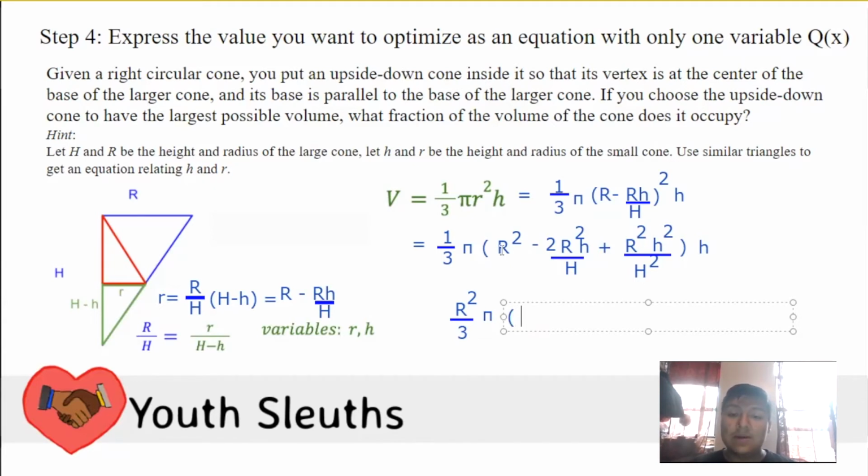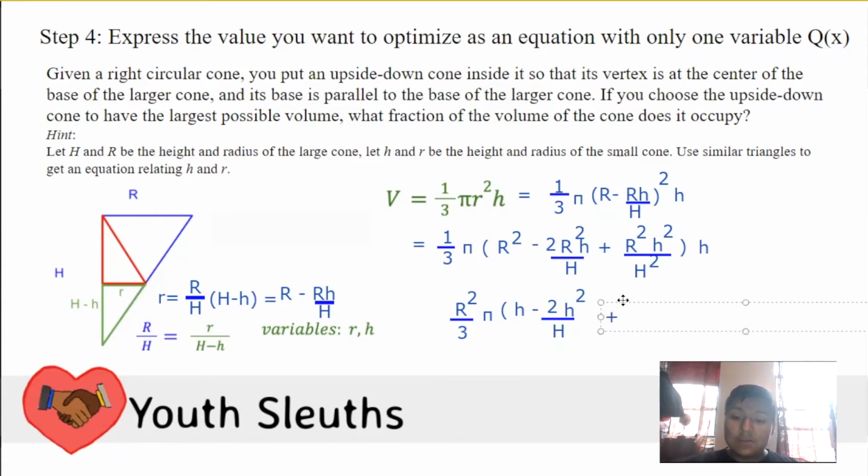And then we multiply by the small h, so we have little h. And then for the next one, we have another R squared, so we factor that out, and then we multiply the little h. So we end up having 2 times the little h squared, because there was already a little h here, divided by big H.